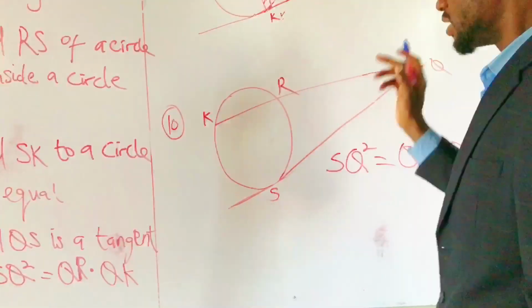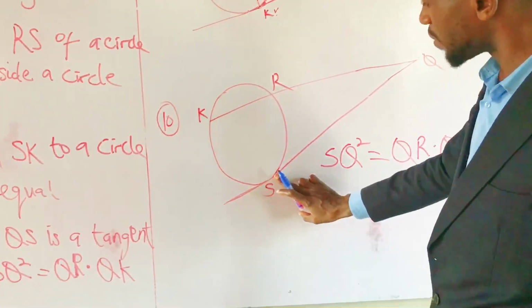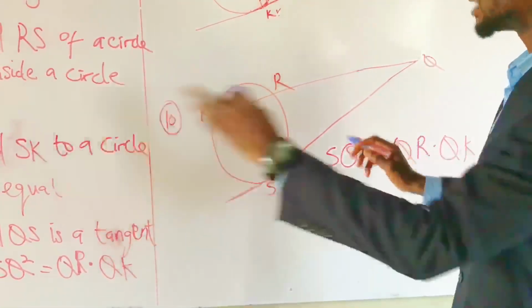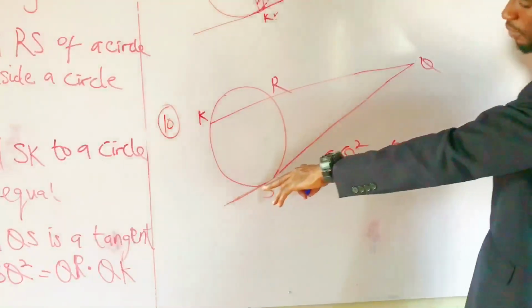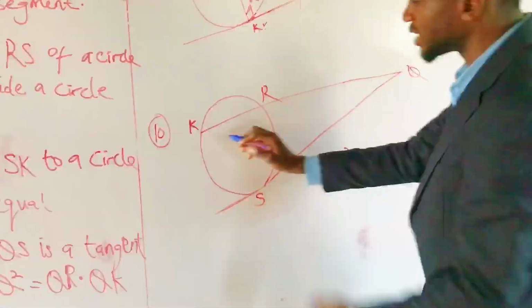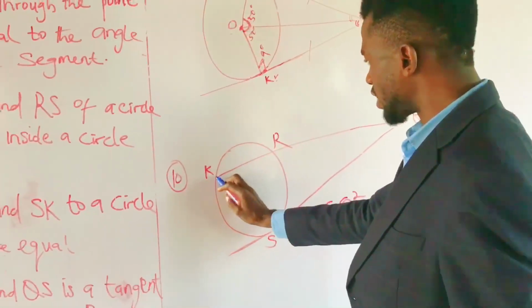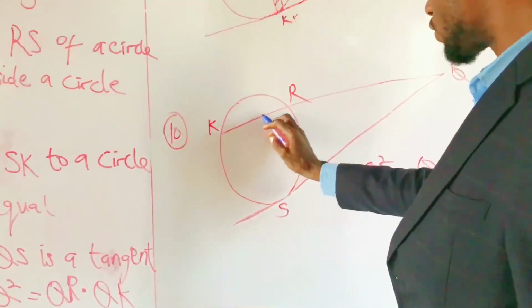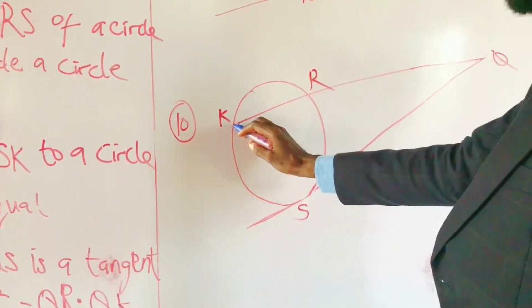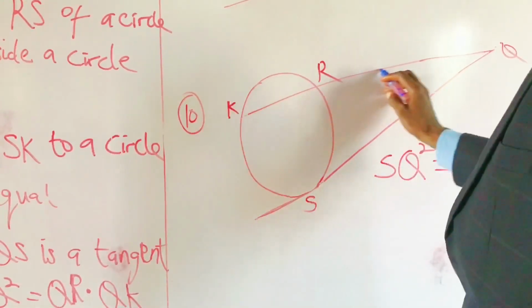What is the meaning? Look critically. There is difference between the tangent and the secant. The tangent just touches the circumference of a circle, but the secant is just like a chord, a line that cuts the circle internally. It cuts the circle inside. Look at it.